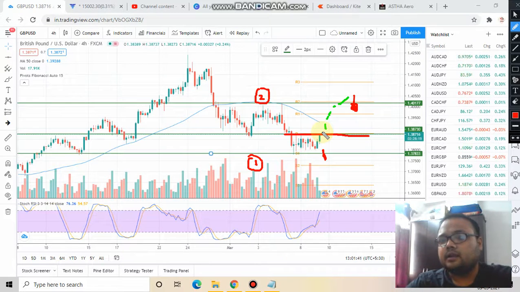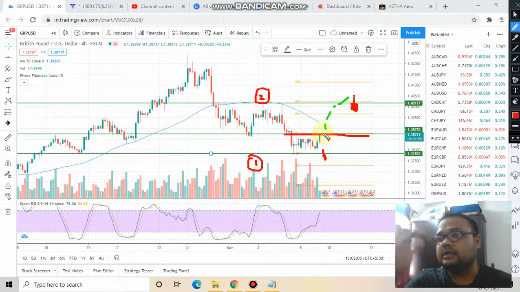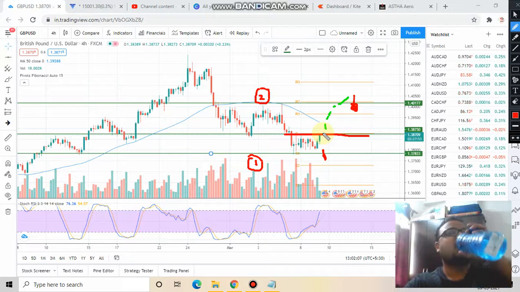Just wait and watch how the market is reacting above this line. If you see that market is more or less trading comfortably, and if you want to take some risk, you can go for a buy order. But it involves some amount of risk in comparison to the other two levels.